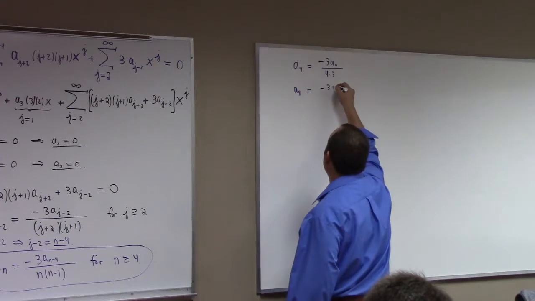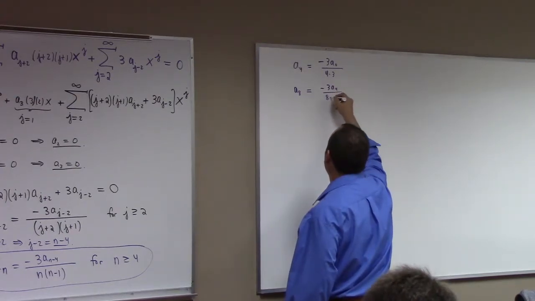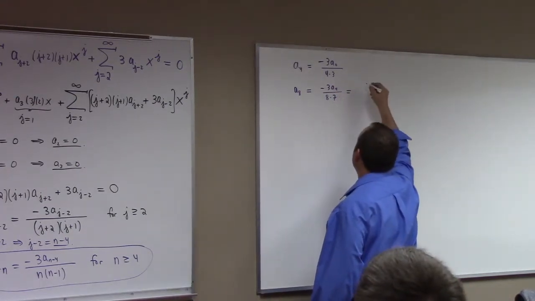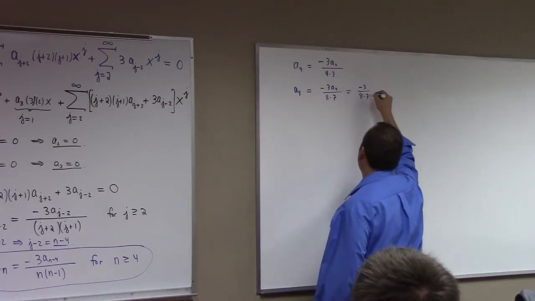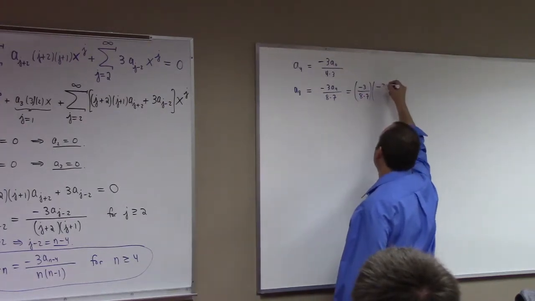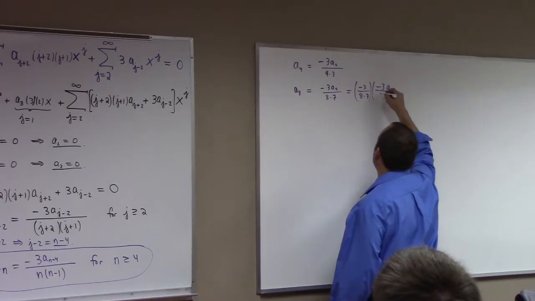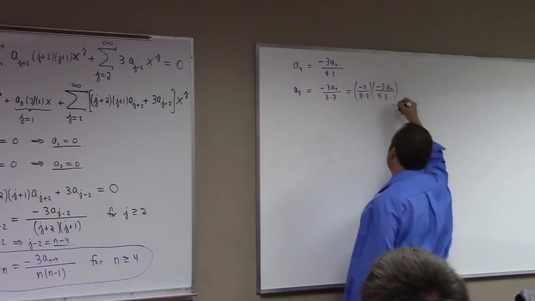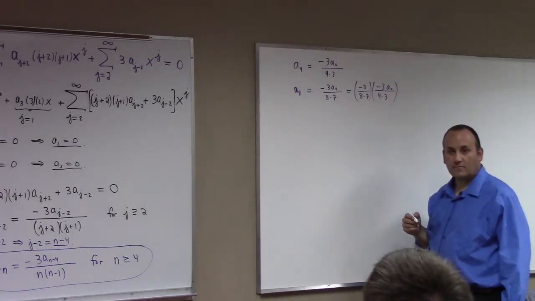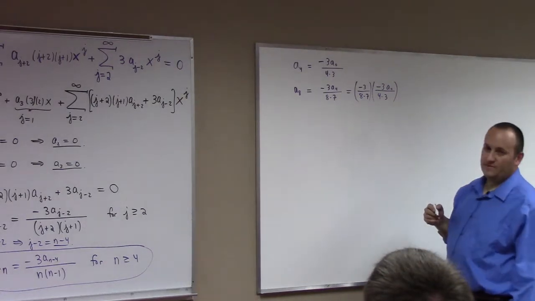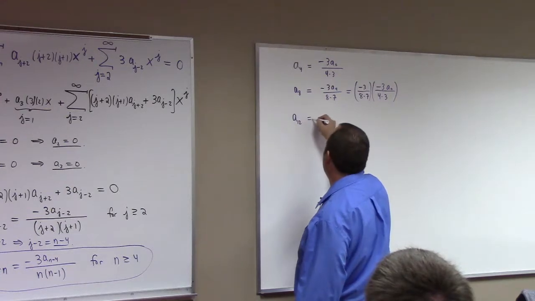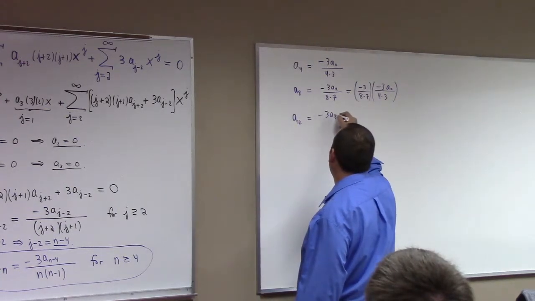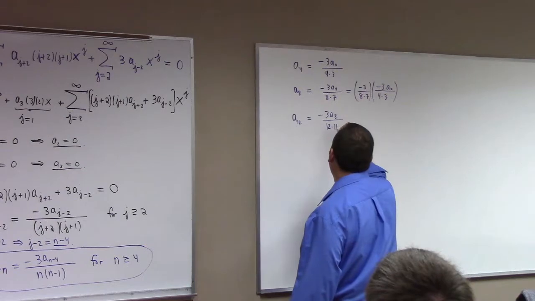It's minus 3 a sub 4 divided by 8 times 7, yeah? Which is really minus 3 over 8 times 7 times minus 3 a sub 0. You could cancel the 3's. Yes, I could, I know. I didn't, sorry. And what happens with a sub 12?